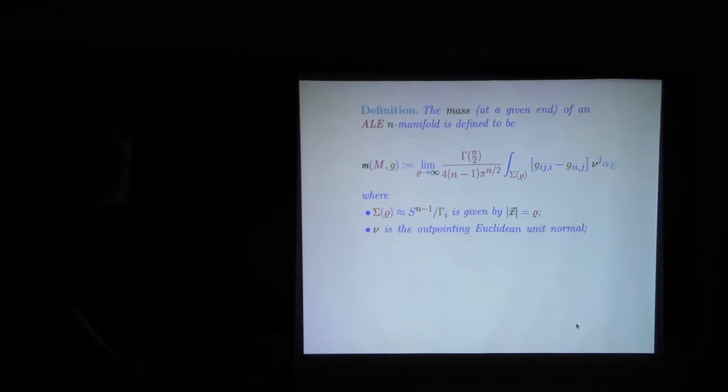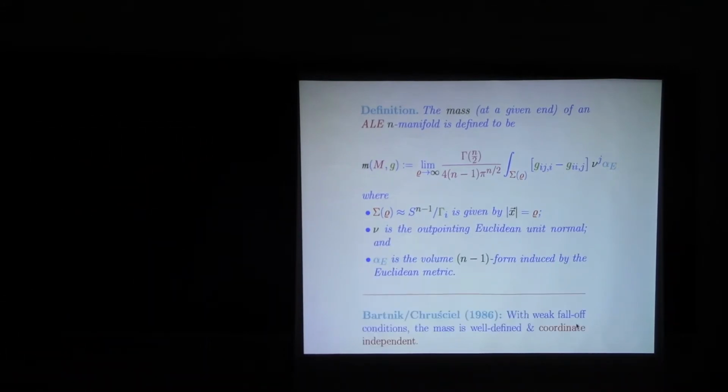The only difference is that here, by convention, I'm taking this integral to be, so in the end, you think of the end as a cone over a space form, and you're taking the quotient, the integral here is not over a sphere, but over a quotient of the sphere. And that's a conventional thing, you could debate whether you should take the integral in the quotient or upstairs, that it would introduce a certain factor. It turns out that doing it this way is better.